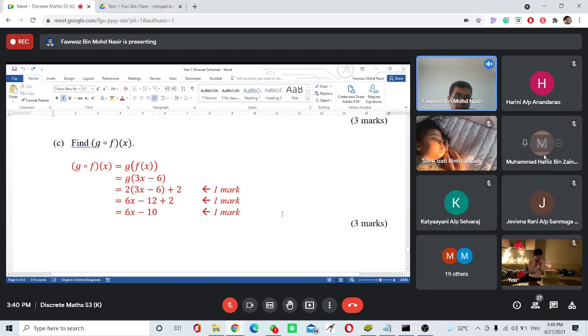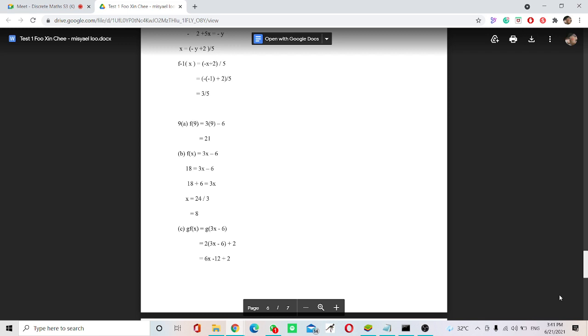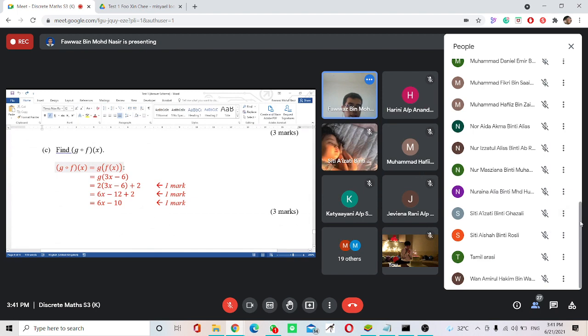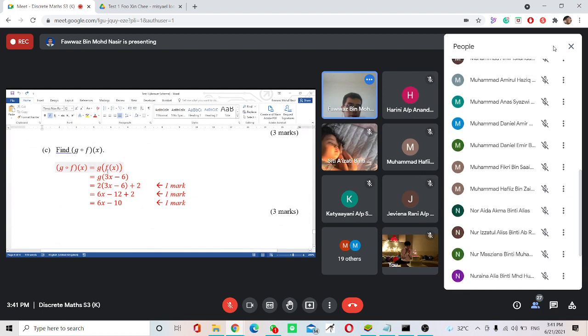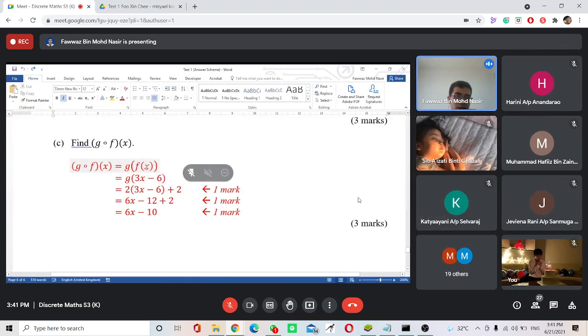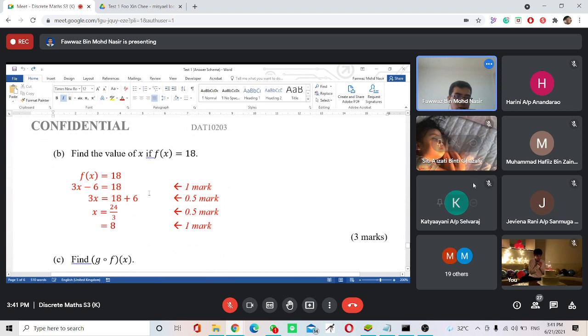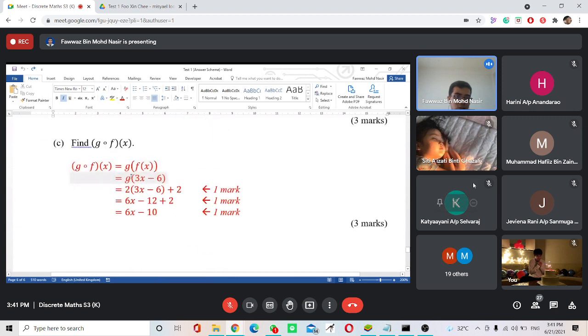Okay, kemudian question C dia suruh cari the composition of g and f. So kita ada g composed of f, (g∘f)(x) is equivalent to g(f(x)). So we solve part yang dalam bracket ni dulu, which is f(x). So f(x) is 3x minus 6, right? So we just substitute 3x minus 6 into this bracket.